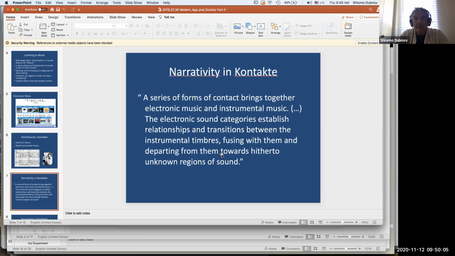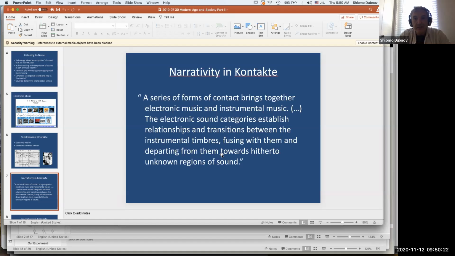The electronic sound categories establish relationships and transitions between the instrumental timbres, fusing with them and departing from them towards hitherto unknown regions of sound. So where is the story, right?